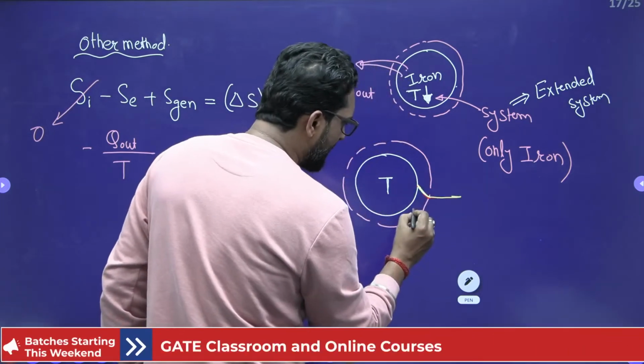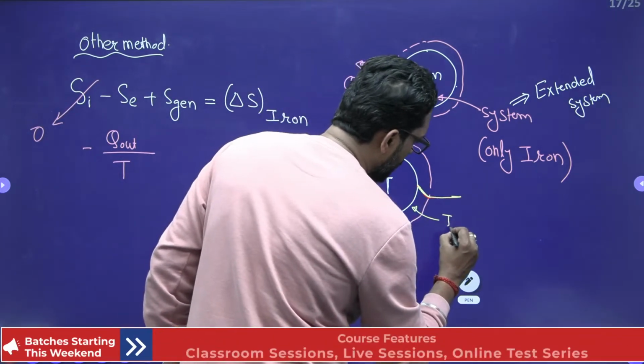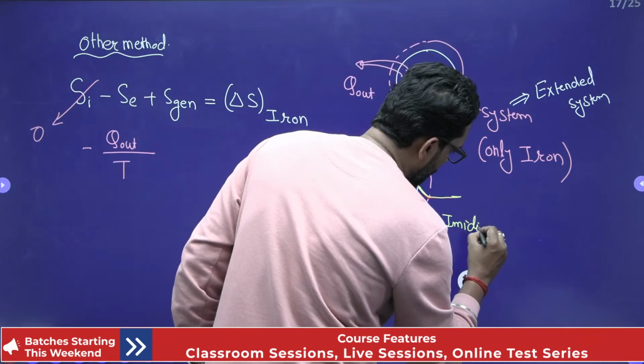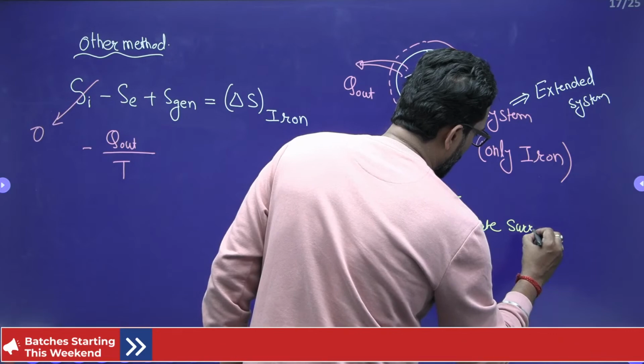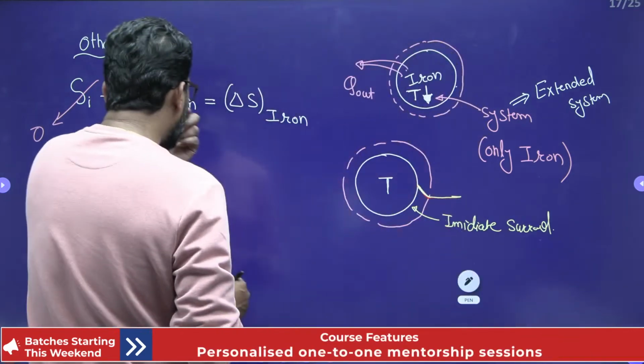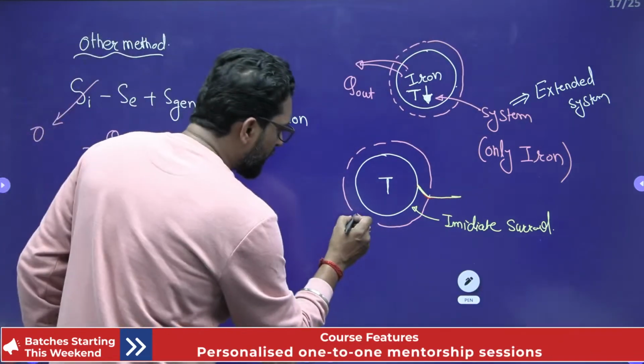So during this process, the temperature will change in this region, which acts as an immediate surrounding. In that case, what is the temperature of this boundary?